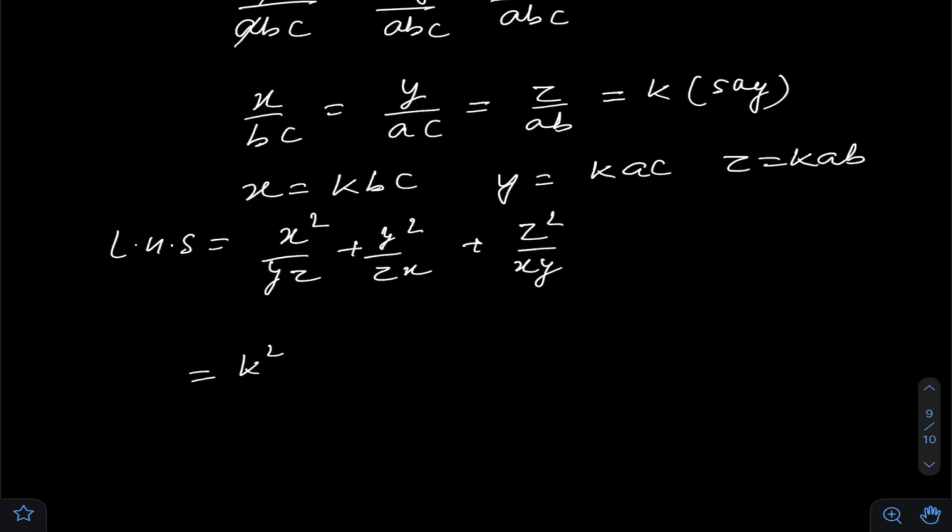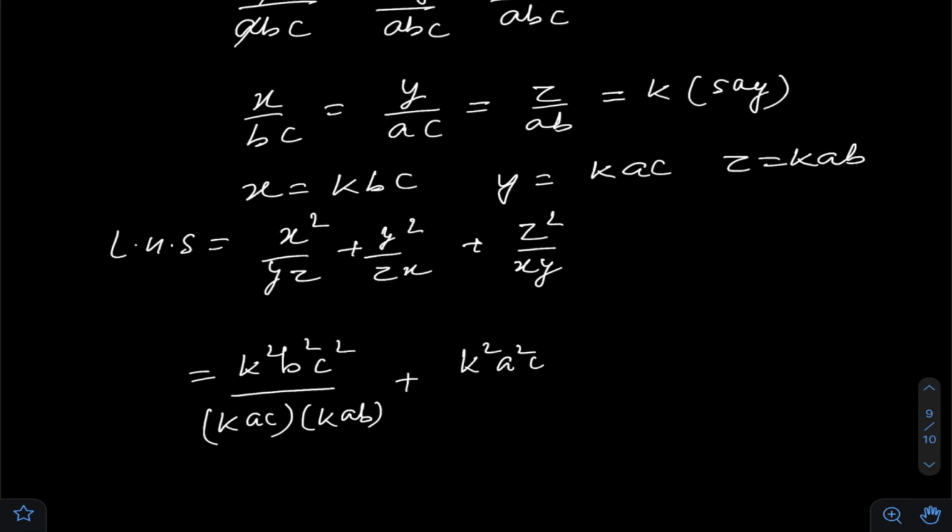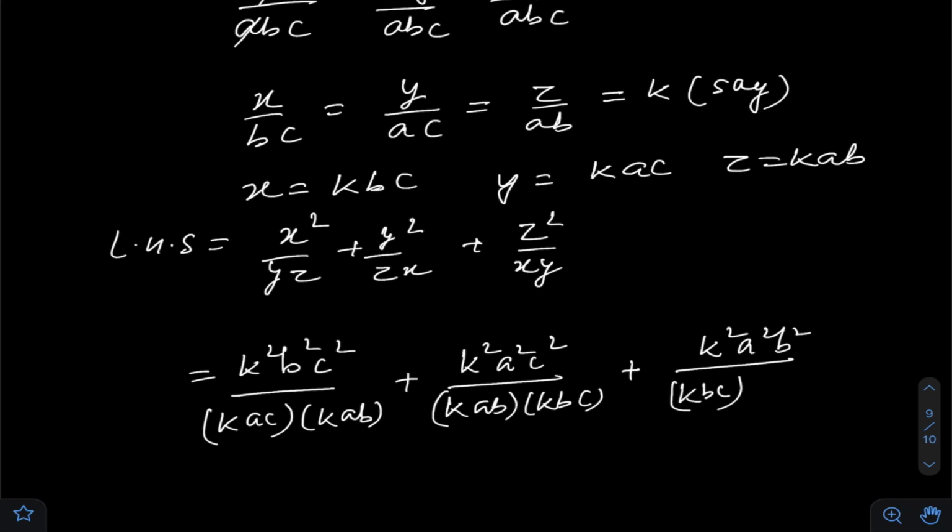It will be k square b square c square over kac into kab plus k square a square c square over kab into kbc plus k square a square b square over kbc into kac.